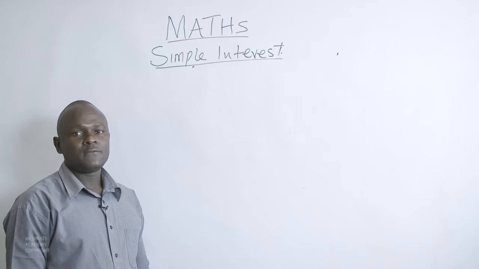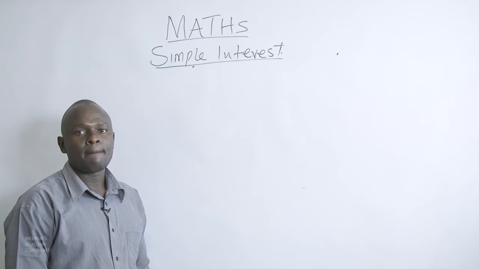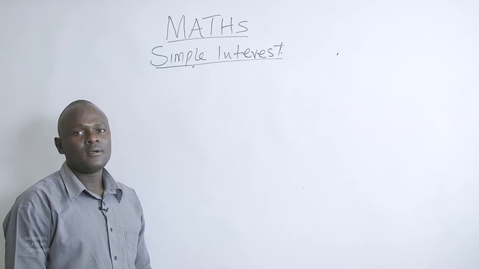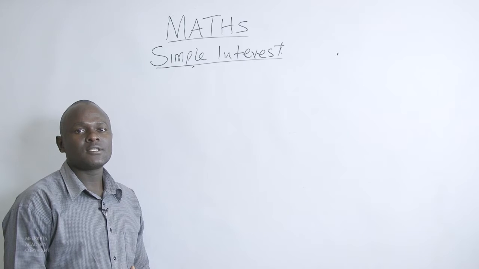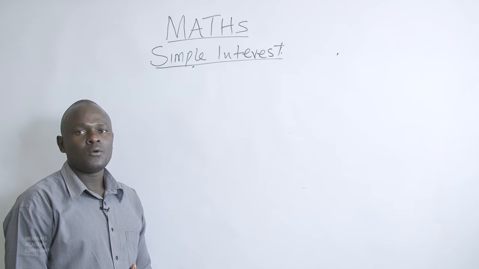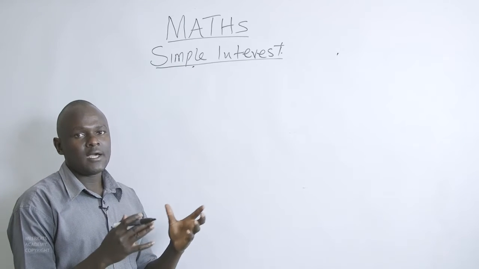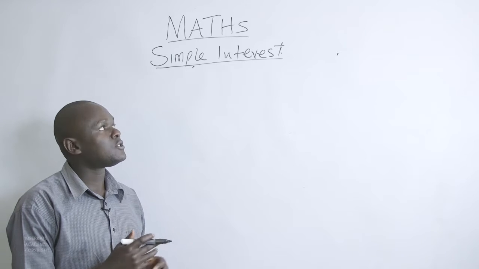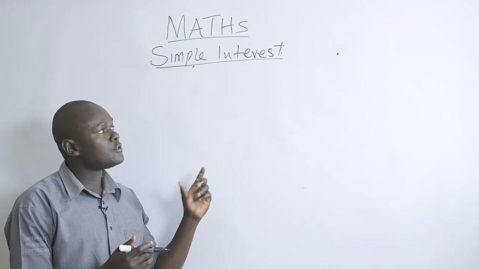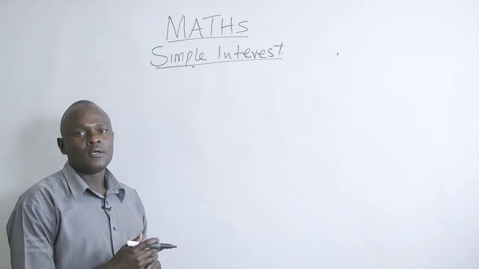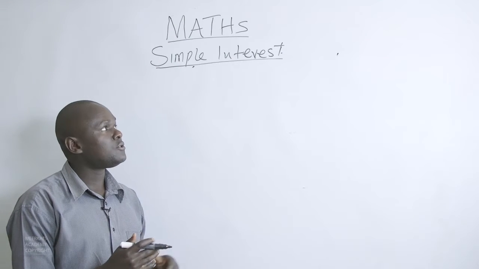We have defined simple interest. We have looked at the formula that guides simple interest calculations. We have looked at the various items or variables in the simple interest formula. We have looked at conversion of periods or durations.